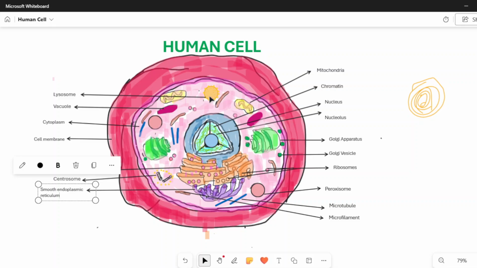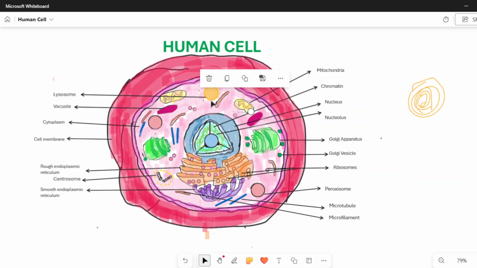If it does not have a protective layer around it, the digestive enzyme, which is very acidic, will kill the entire cell itself. So that's why it is sometimes called the suicidal bag, because if its contents are released into the cell, the entire cell will die. So that's why it has special protection to prevent the digestive enzyme from leaving this lysosome.